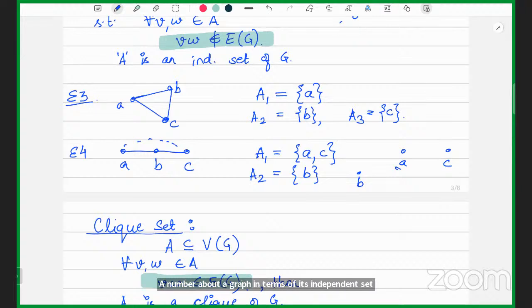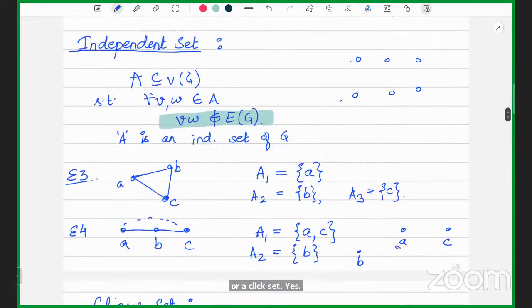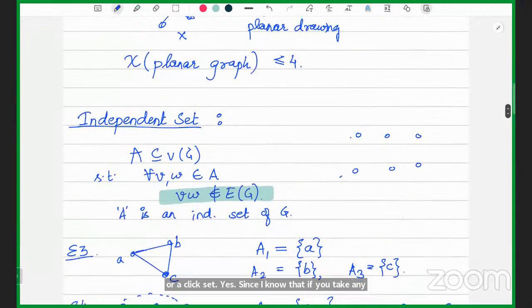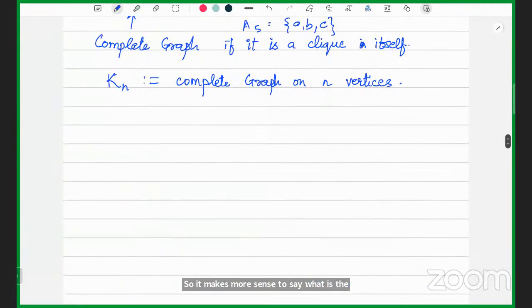Yes. Since I know that if you take any singleton point, it's an independent set, and if you take any singleton point, it's a clique set as well. So it makes more sense to say what is the maximum size of such a set you can find in a graph. And these are called the independence number and the clique number.